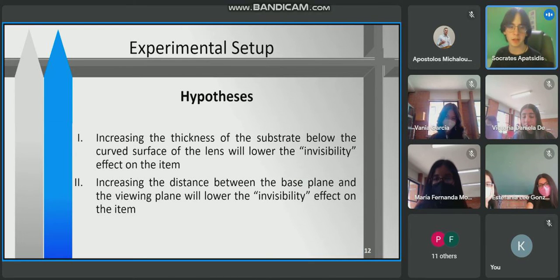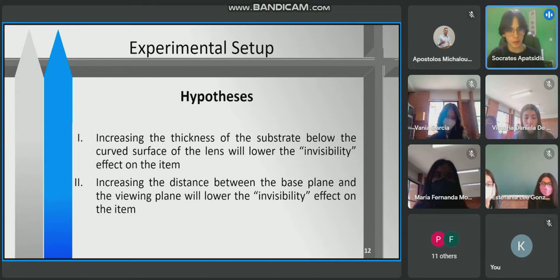And the second hypothesis says that if we increase the distance between the base plane and the viewing plane, the invisibility effect on the object will also be lowered. Now, I have to make clear that, as I said, the viewing plane is a camera sensor, and the base plane is actually the rear surface of the lenticular lenses.